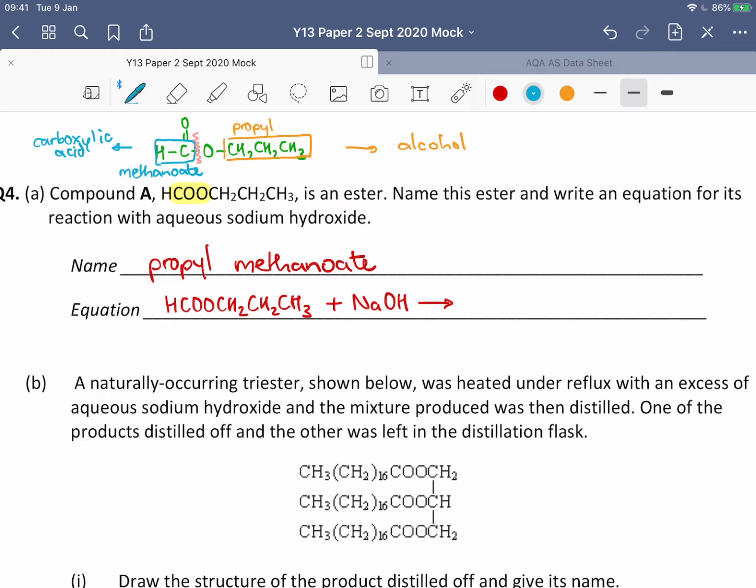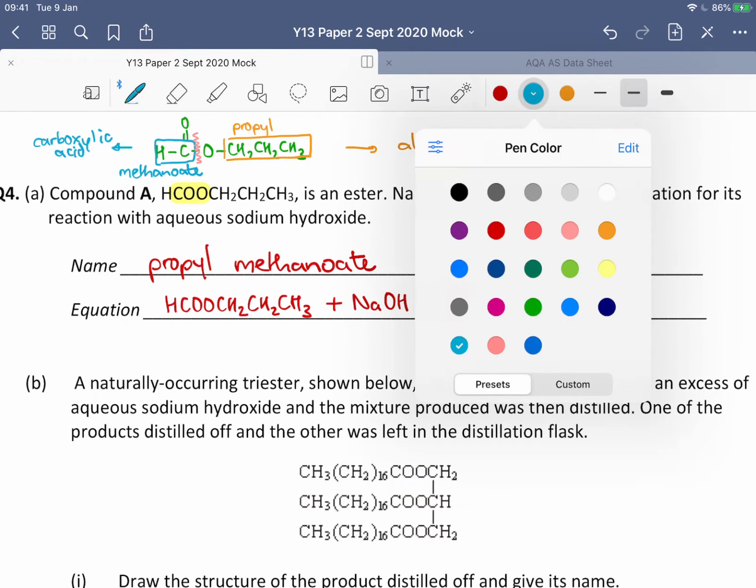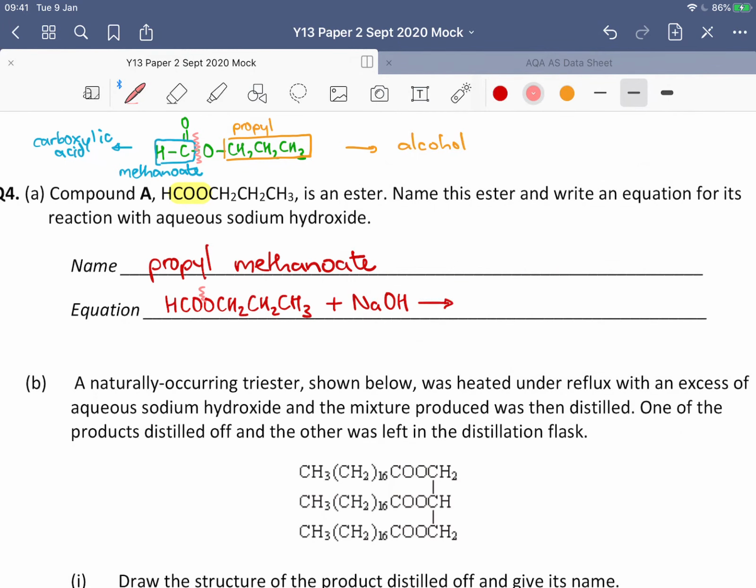So the second part of the name is always coming from the carboxylic acid, so that's why it's the carbonyl part. And the alkyl part of the name has come from the alcohol. Anyway, we are breaking this bond, all right? We're separating the 2 oxygens, essentially, although the second oxygen is bonded to the carbon.